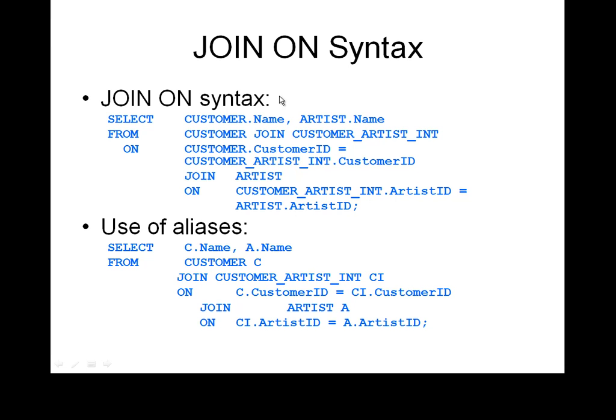The statement for the join is selecting from the different tables. In this case, I'm selecting from the customer the name column and from the artist the name column, and those are my joins, or the new customer artist interest join, which is the new table that we created as an interest between the customer and the artist.